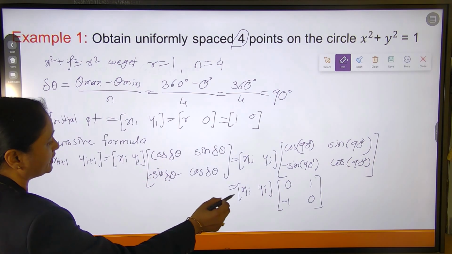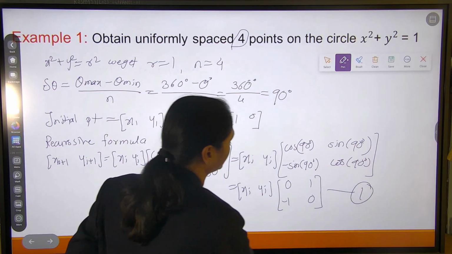So we can use this recursive formula. Suppose this is equation 1, to generate the remaining points.